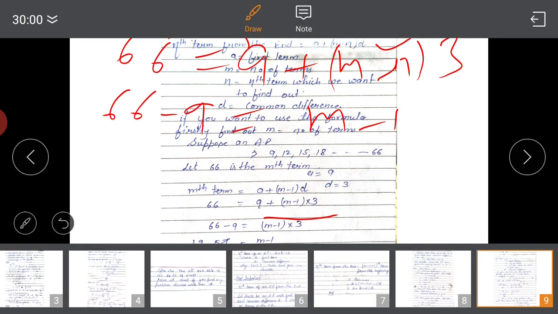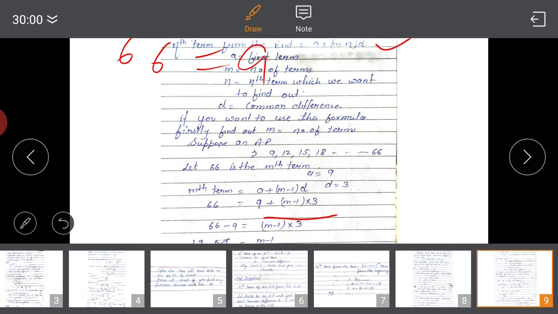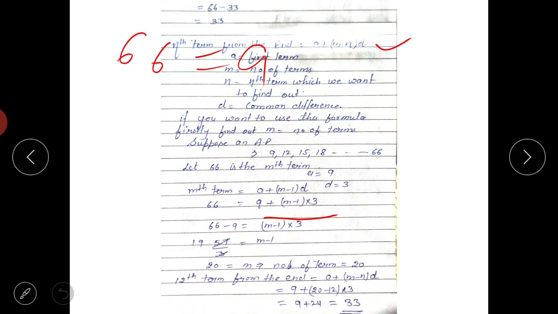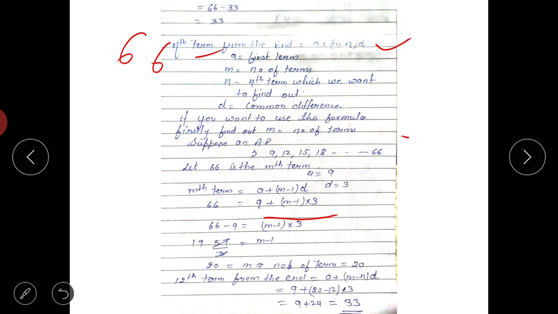So how are you going to find the 12th term from the end? The 12th term from the end is a plus m minus n into d: 9 plus 20 minus 12 into 3, which is 9 plus 24, that is equal to 33. So we did this question in two ways.